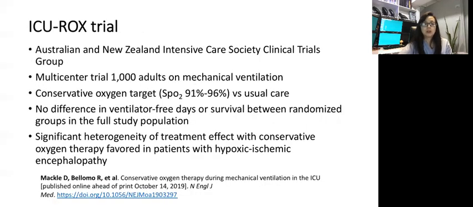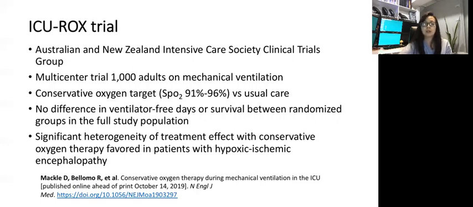In the ICONIC Trial, the Australian and New Zealand Intensive Care Society Clinical Trials Group conducted a multi-center trial in which they randomized 1,000 adults on mechanical ventilation to a conservative oxygen target of 91 to 96% versus usual care, with the oxygen strategy determined by the physician with no input from the study protocol other than avoidance of SpO2 of less than 91%.